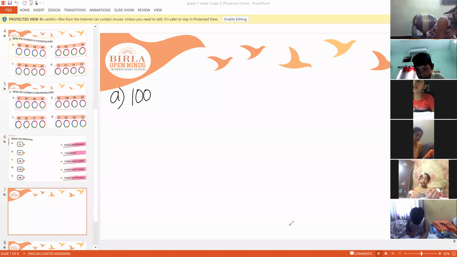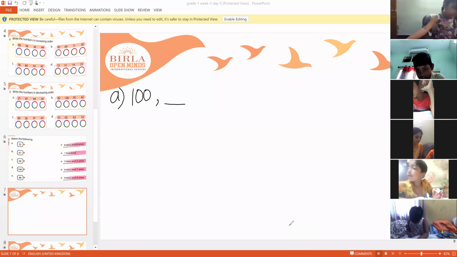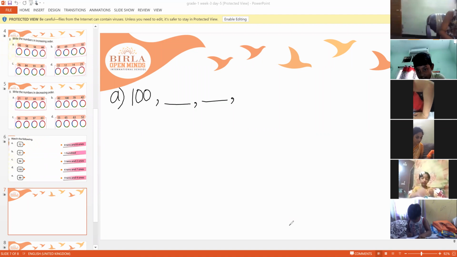Okay. So see here, children, you can see in the circle number 100 is written there. So I will not draw any circle here, I will just make blank spaces.